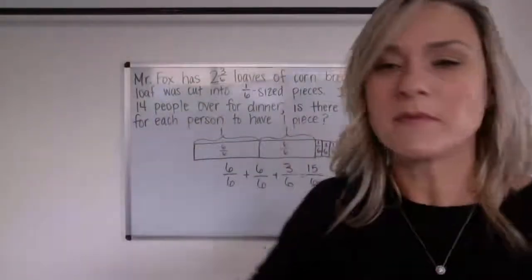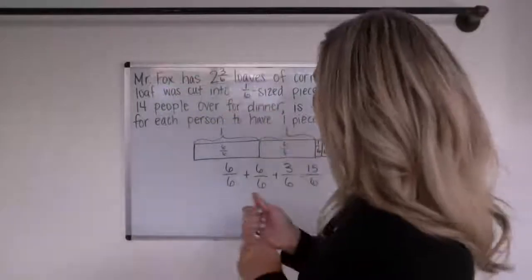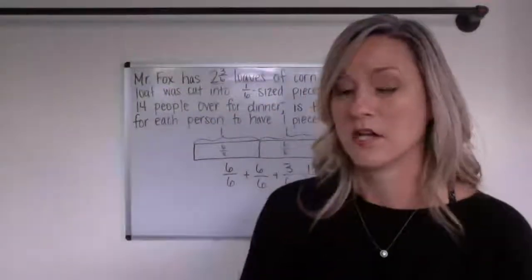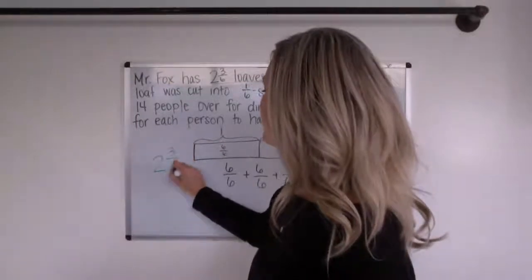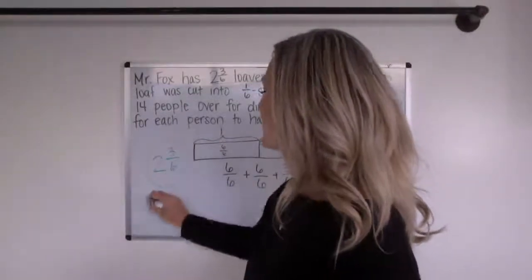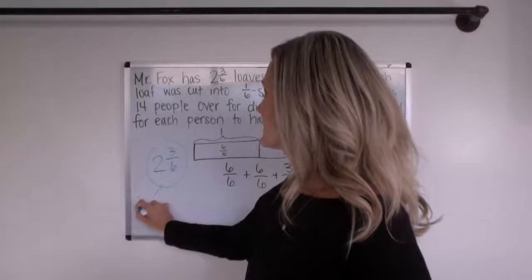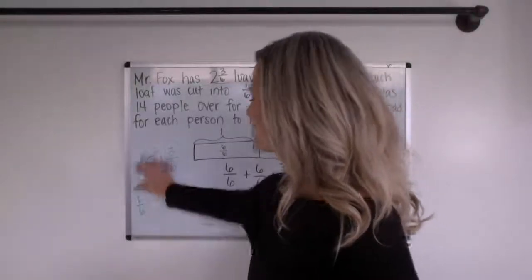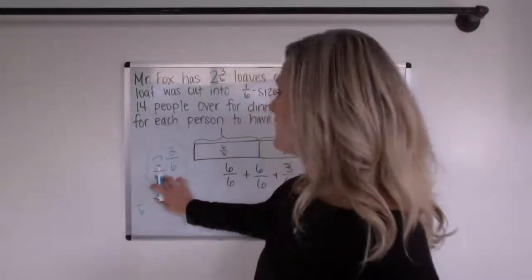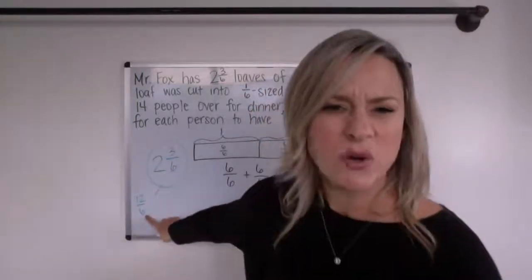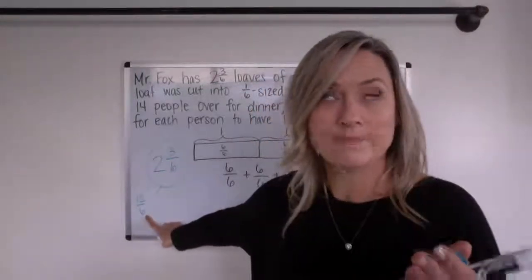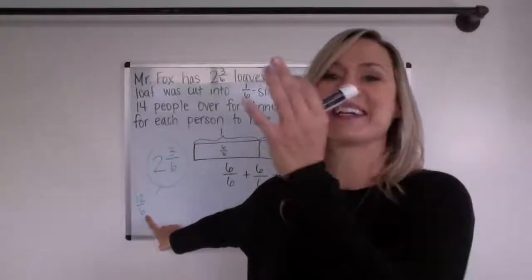All right, what else could we think about? We could probably think about doing what we did before, right? In another warm-up, 2 3/6 is the same as 6/6. Actually, we could write, you might know that, that's the same as 12/6. That makes 2, because 12/6 is made up of 6/6 and 6/6.